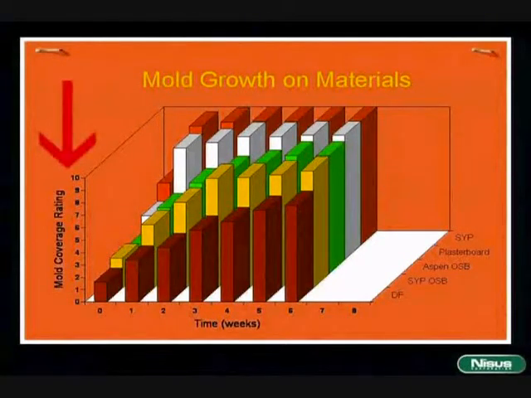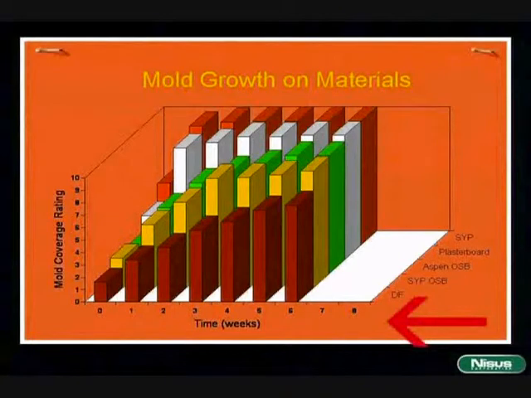And on the left hand side we can see we've got a mold coverage rating, and this is just whether the product has no mold growing on it or is completely covered with mold, basically. And then along the bottom there you can see that we have a time scale which increases from 0 up to about 8 weeks.